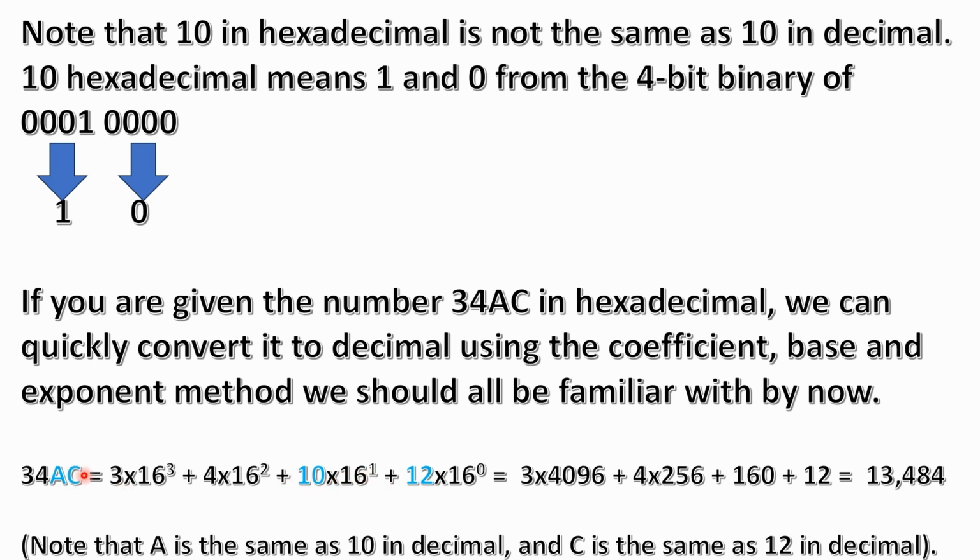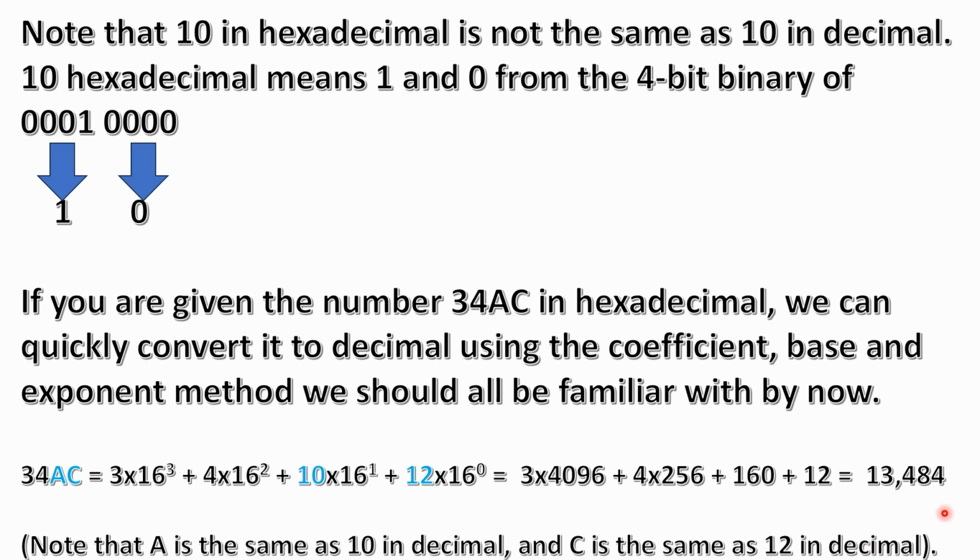C is the same as 12 in decimal. So that's 12 times 16 to the 0 power. That works out here: 3 times 4096 plus 4 times 256 plus 160 plus 12. That equals 13,484.